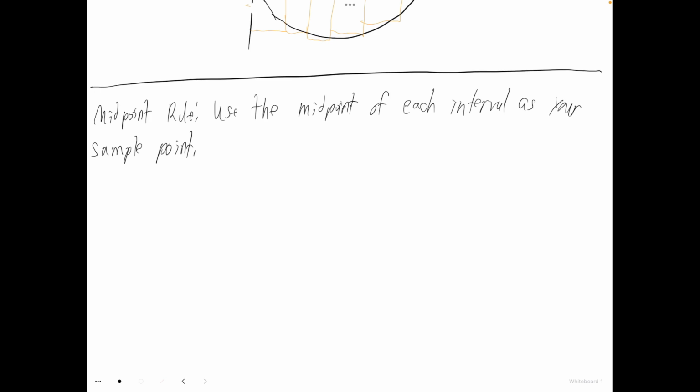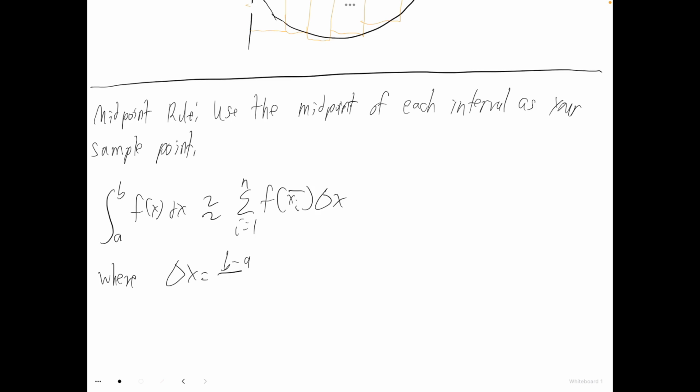Okay, so this is just one way of approximating integrals. It tends to be more accurate than using left endpoints or right endpoints. You'll sometimes see it written down as the integral from a to b of f of x dx is approximately equal to the sum from i equals 1 to n of f of x sub i bar times delta x, where delta x equals b minus a over n, and x sub i bar is equal to x sub i minus 1 plus x sub i, divided by 2.